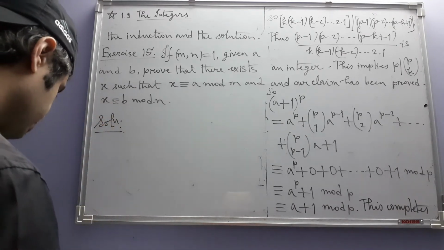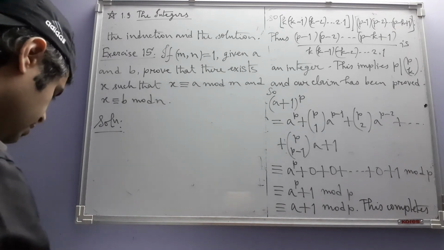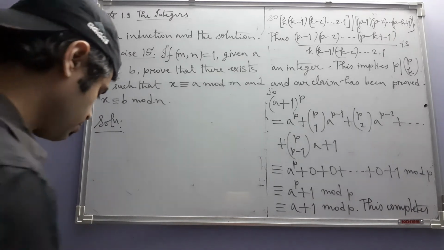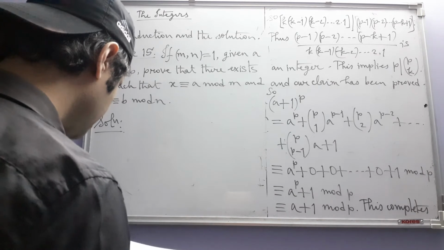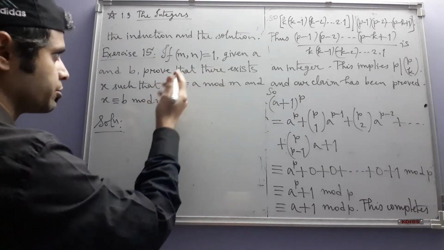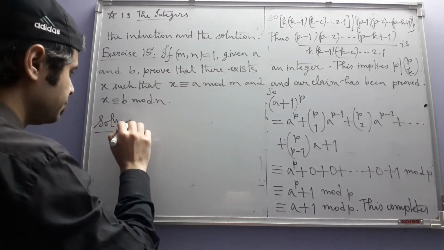So here there is a very slick solution. I don't know why I seem to never remember the solution. Okay, it starts with this condition, of course, because that's the only thing we are given.